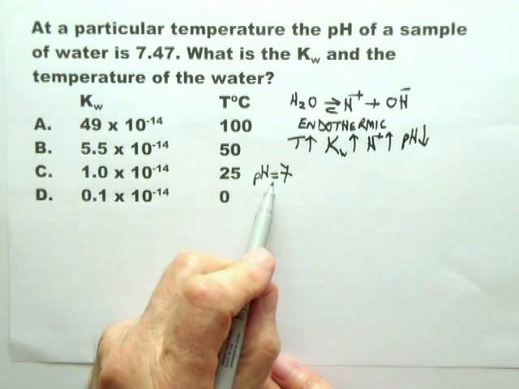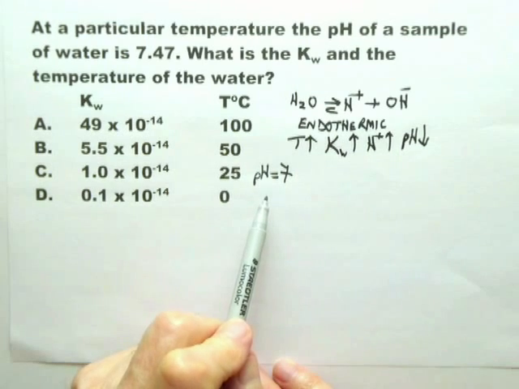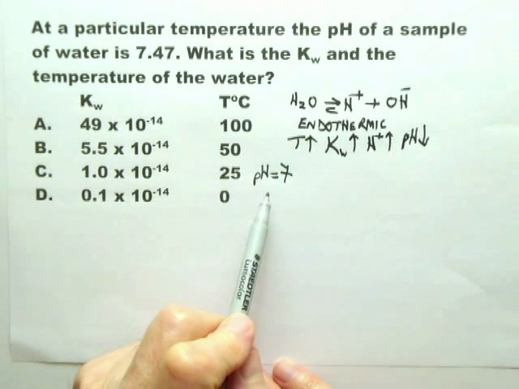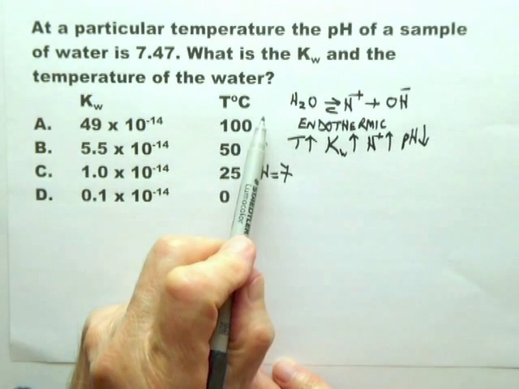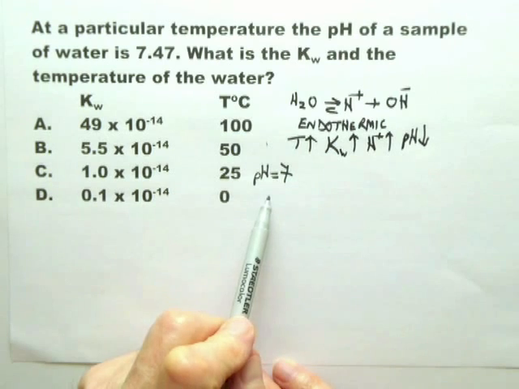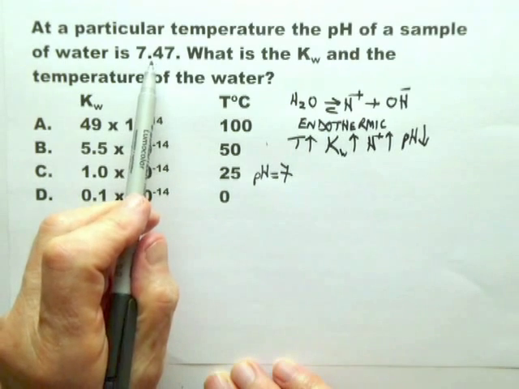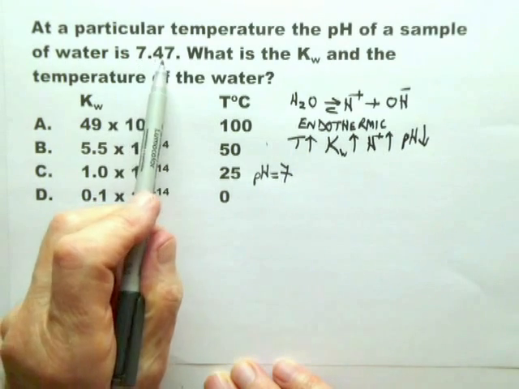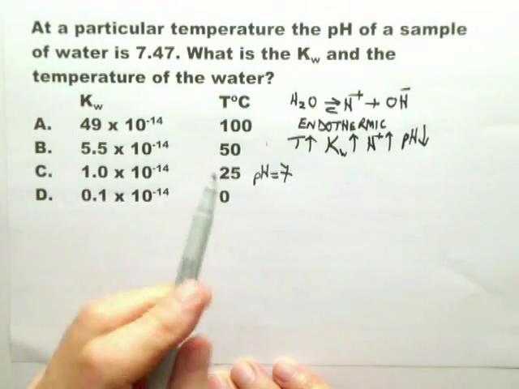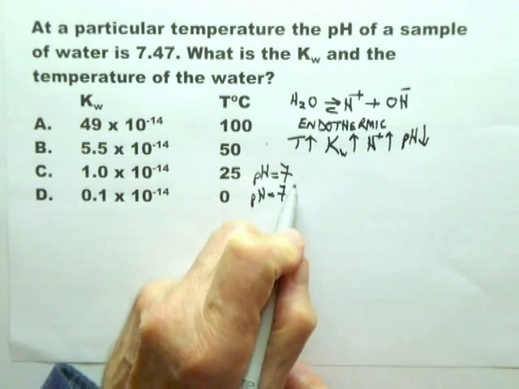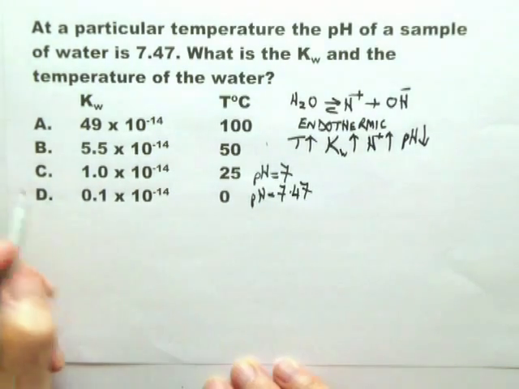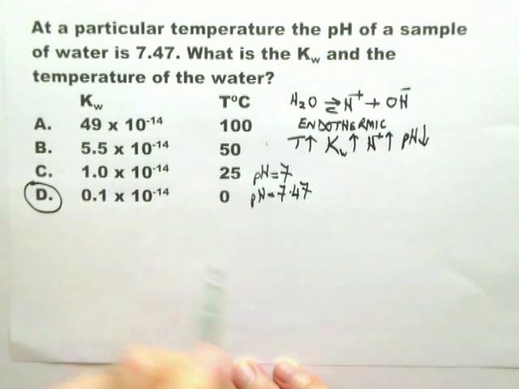We know that the pH on this side falls as we go up the temperature scale. Therefore, the pH here is going to be greater than 7. And they've told us the pH of this sample is 7.47. There is only one possibility, and that is this one equals 7.47. So the answer is D.